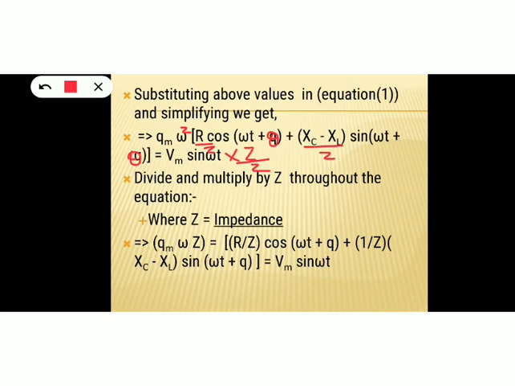Okay, so that is given here. Z is the impedance, so here you will get qm ω Z into [R/Z cos(ωt + θ) plus (Xc minus XL)/Z sin(ωt + θ)] equal to Vm sin ωt, because whenever you multiply and divide with Z, it will be cancelled and you will get Vm sin ωt itself on the RHS.